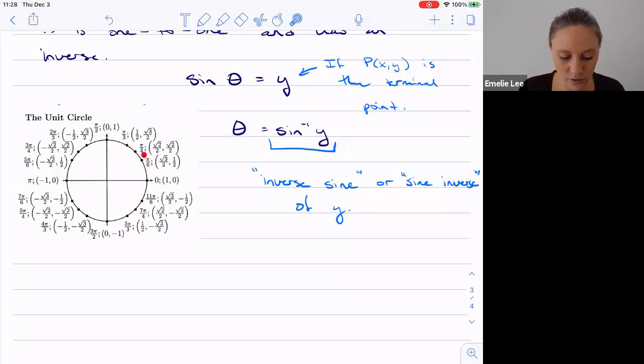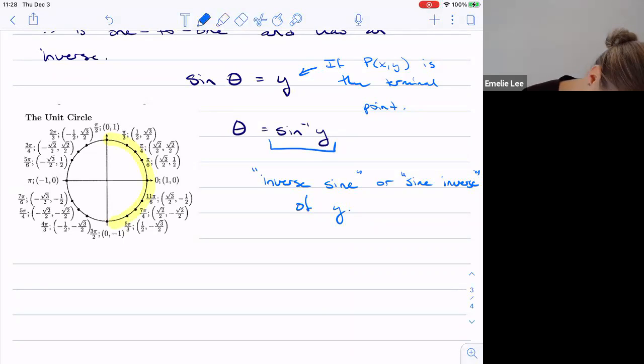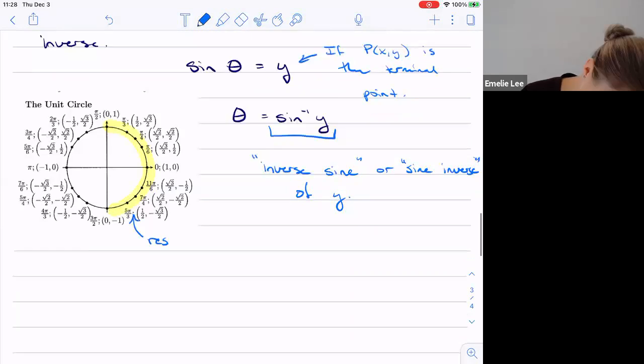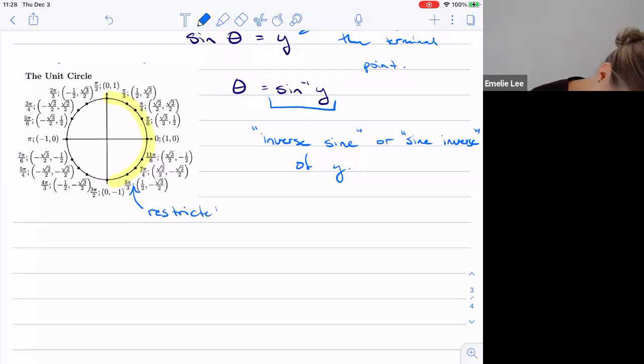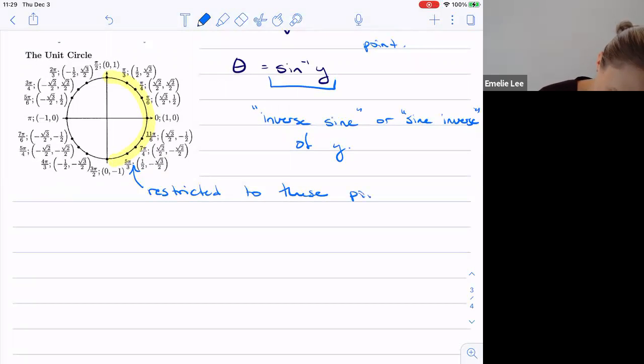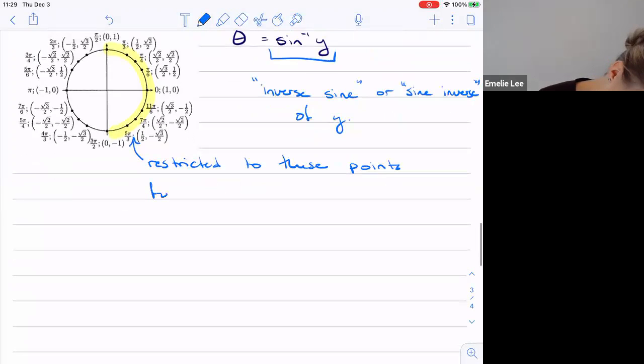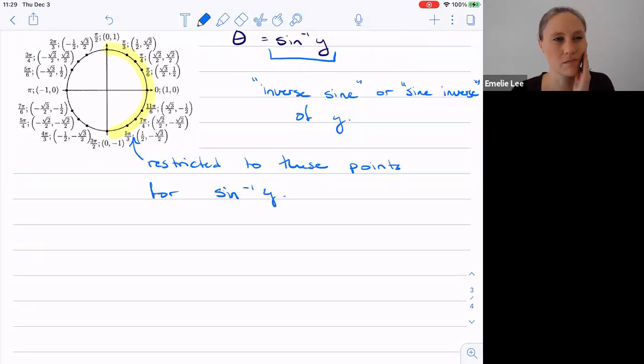So for the inverse sine, we're restricted to these outputs, restricted to these points, for sine inverse of y.